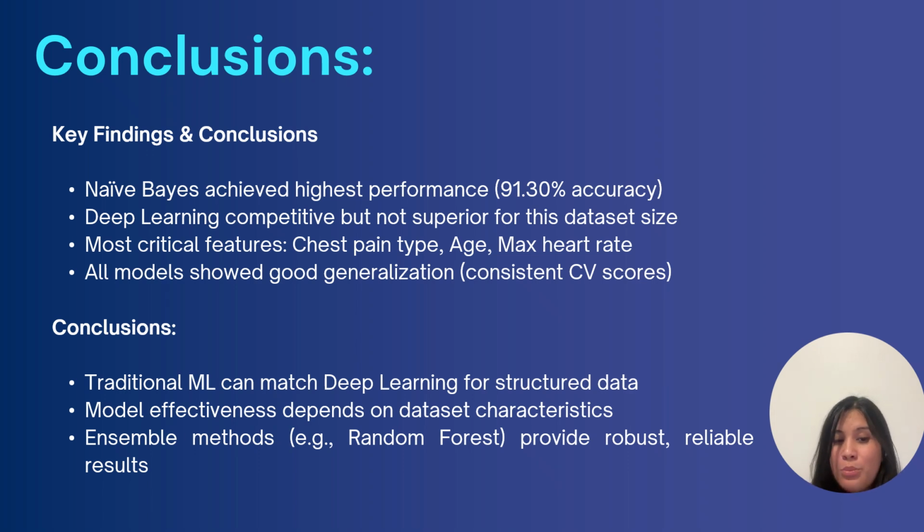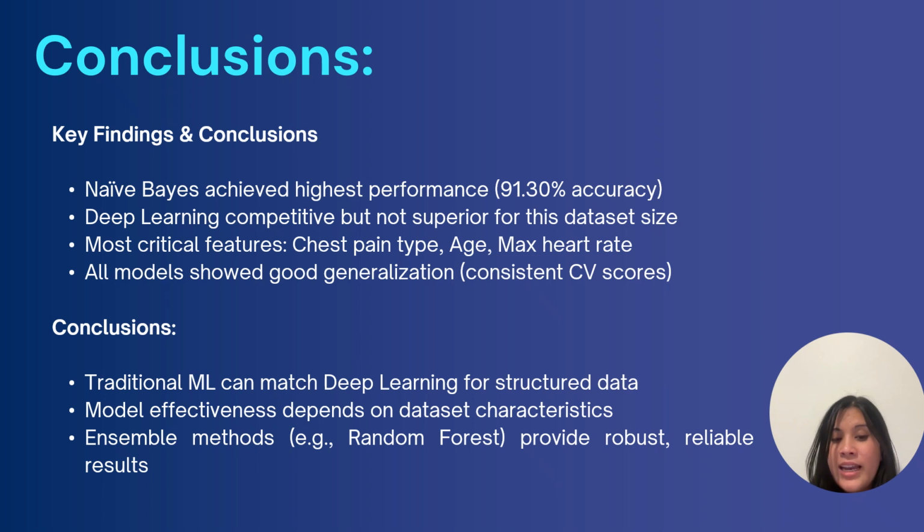And the third one is model robustness for real world deployment. Beyond peak performance, our study found that all the models exhibited good generalization. Furthermore, ensemble methods like random forest provided robust, reliable results.